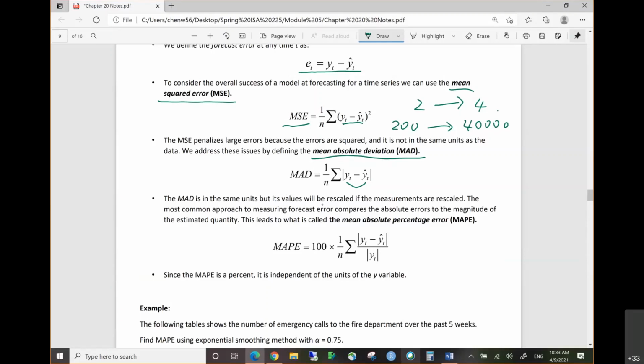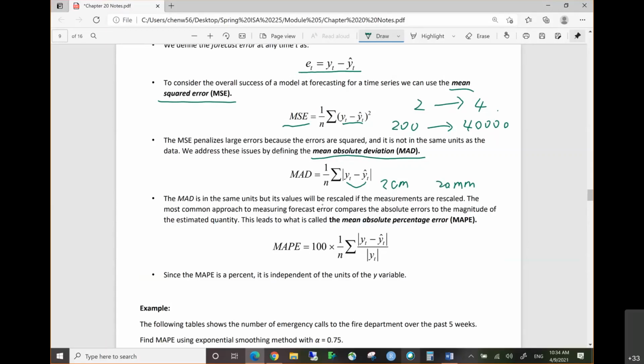But for this measurement, there is another problem. If your response variable Y is measured in centimeters, but I measure the same length in millimeters, then the error or residual will change from 2 centimeters to 20 millimeters.